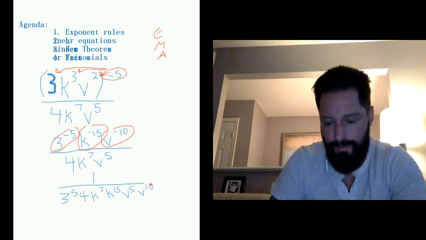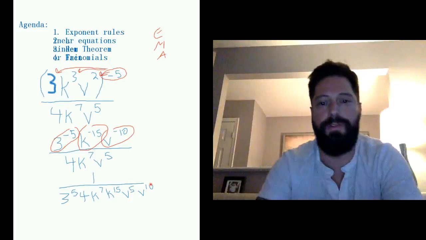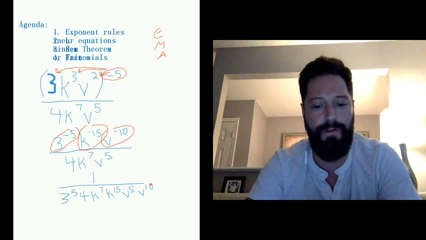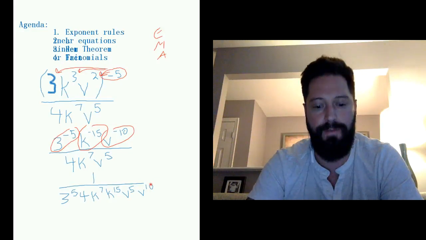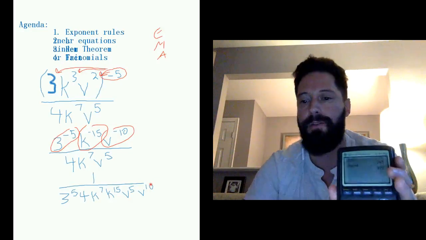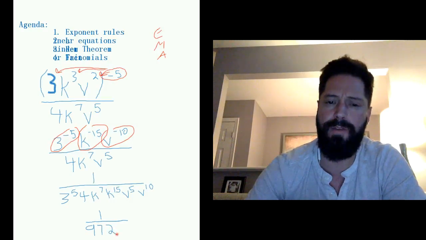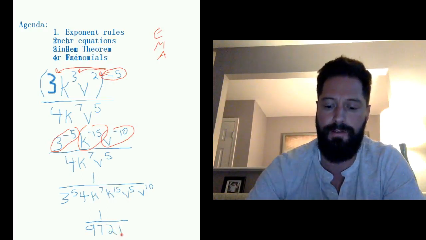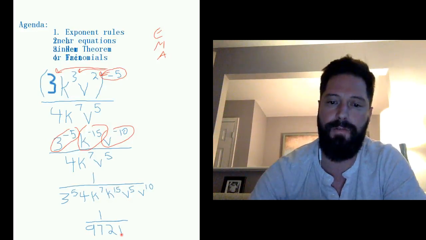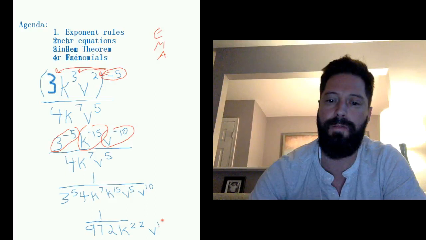Let me see what 3 to the 5th is. Bring a calculator tomorrow. 3 to the 5th times 4 is 972. So I'll write this as 1 over 972. k^7 and k^15, add the exponents, k^22. And v^5 and v^10 is v^15. So this would be your final answer right here.